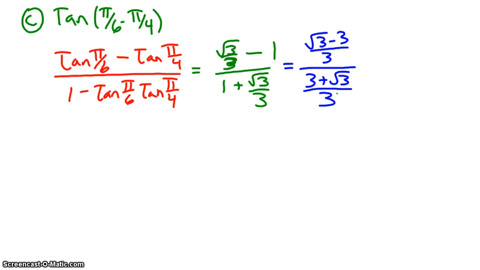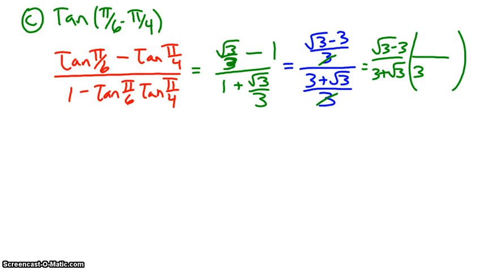The 3's will cancel, meaning that I've got a nice solution here of radical 3 minus 3 all over 3 plus radical 3. But through a rationalization technique using conjugate pairs, we will be able to simplify, reduce, and come up with the solution of negative 2 plus radical 3.